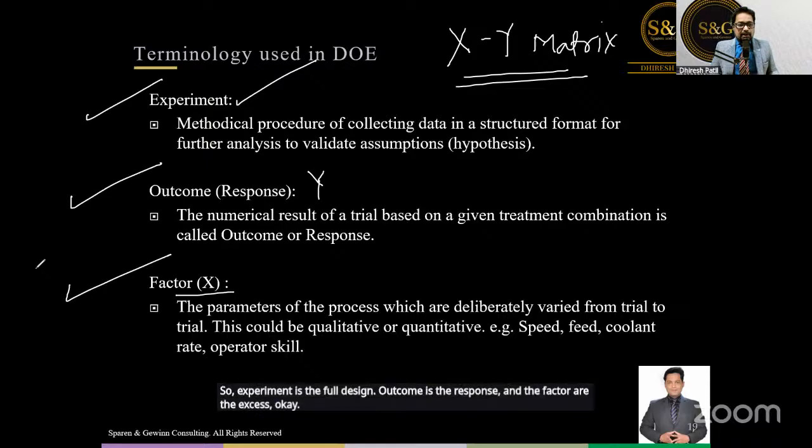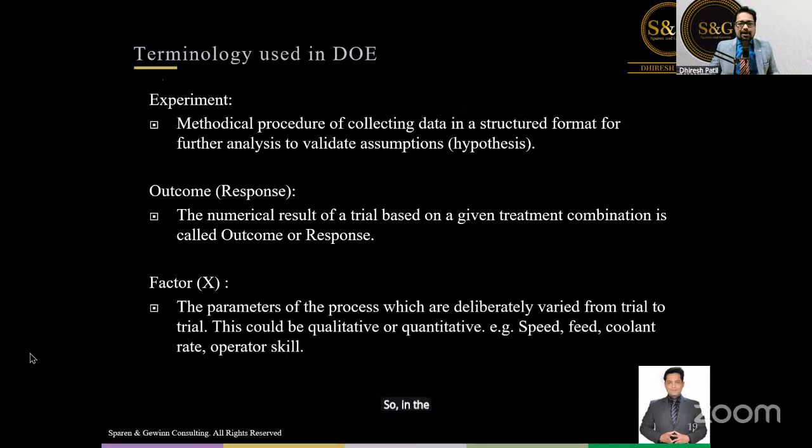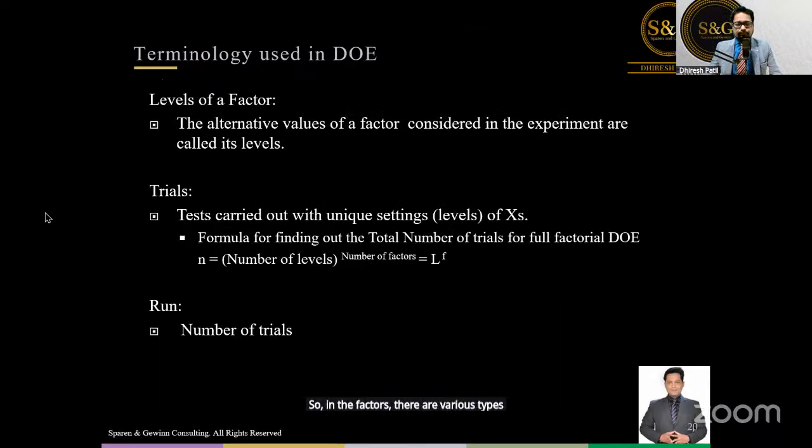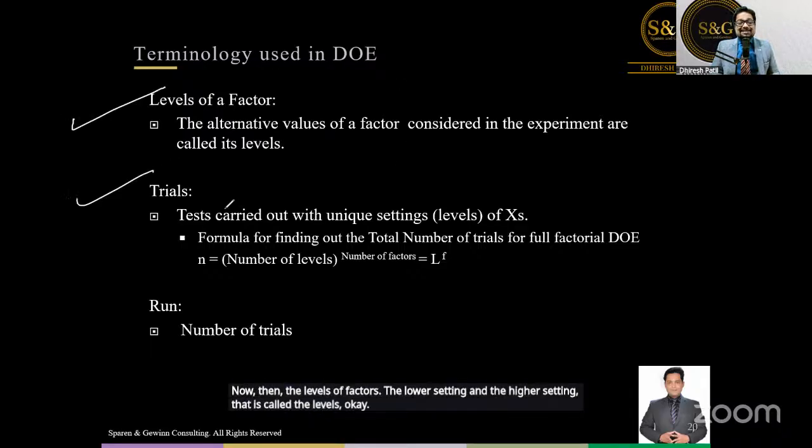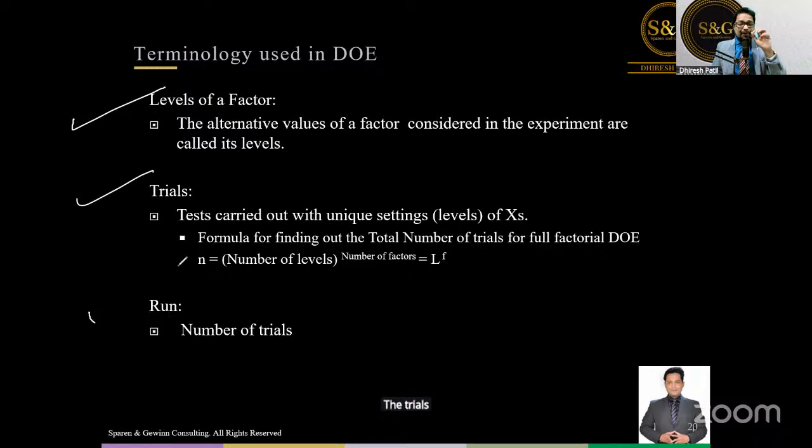In the factors, there are various types that I will come to. Now the levels of factors, the lower setting and the higher setting, are called the levels. The trials and the runs are nothing but the same thing. Number of trials: in that full factorial design, we had 8 runs or 8 trials.